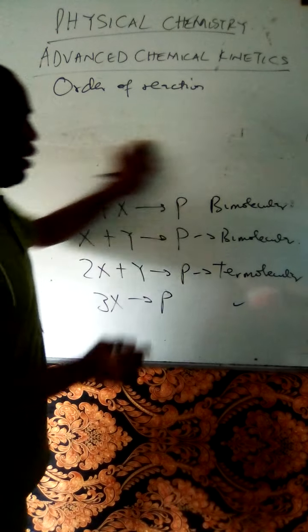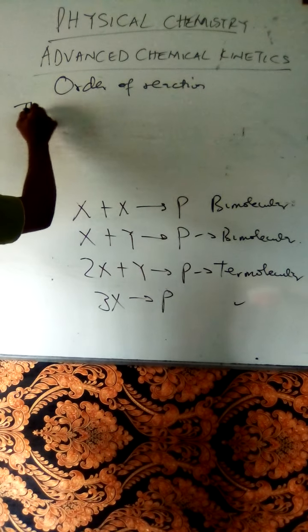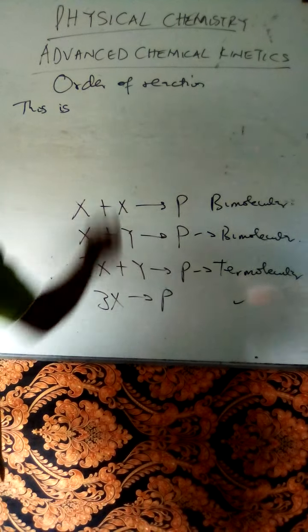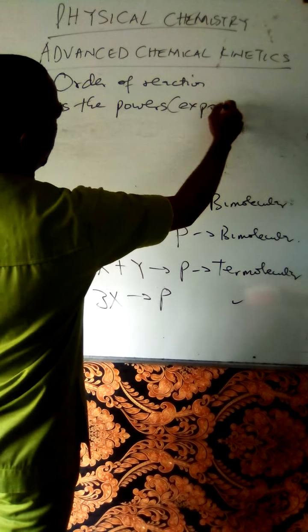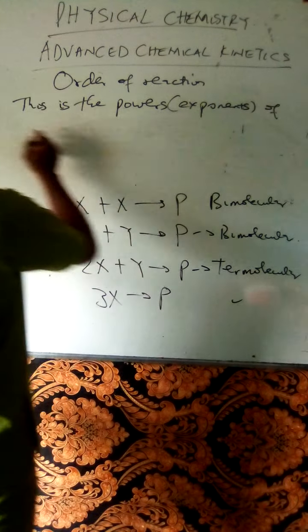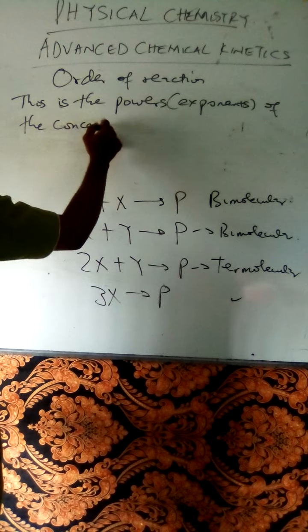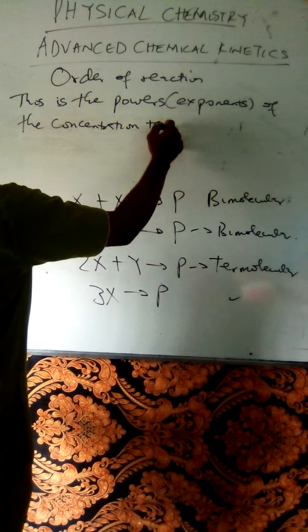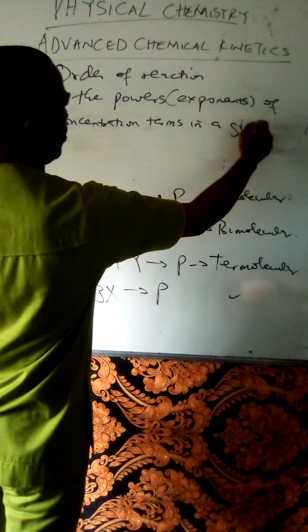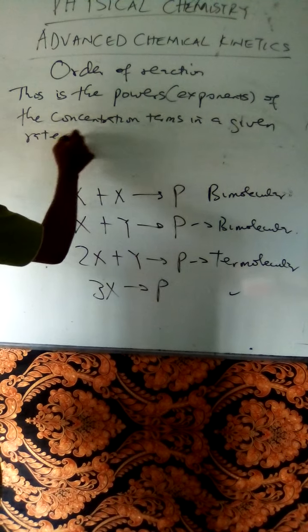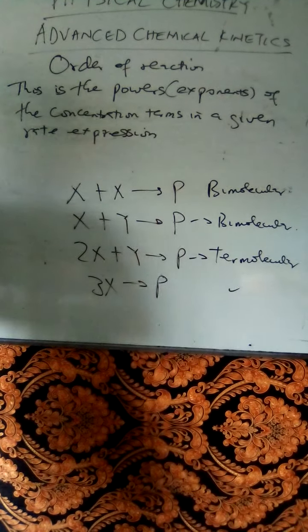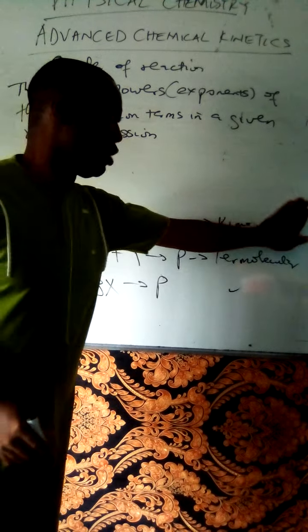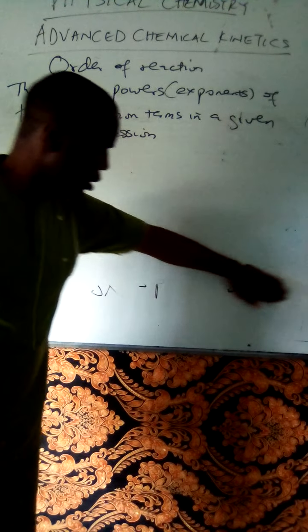The order of reaction is defined as the powers or exponents of the concentration terms in a given rate expression.